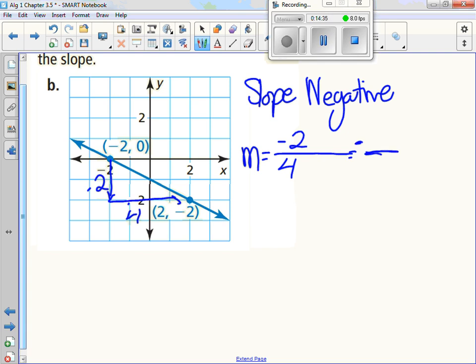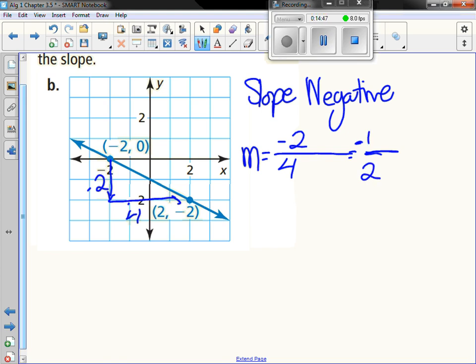Well, it's still going to be negative because there's only one negative on top and bottom, yes? Will 2 over 4 simplify? It will simplify to what? 1/2. So the slope here would be negative 1/2. And that's it. That's all we have to do for this here.